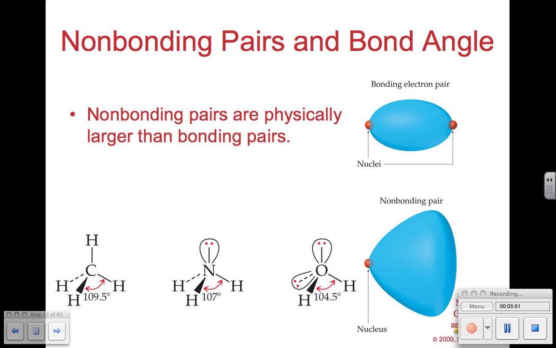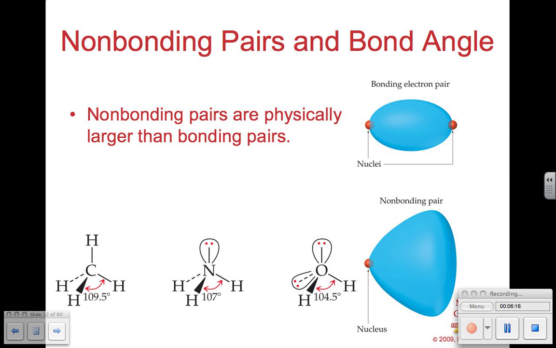All right, now when you have non-bonding pairs, it is going to impact what the bond angle will be, because the unshared pairs of electrons have a greater push or repulsion on the bonding pairs. So if you look at the methane molecule on the left down there, the bond angles between all the hydrogens is 109.5.